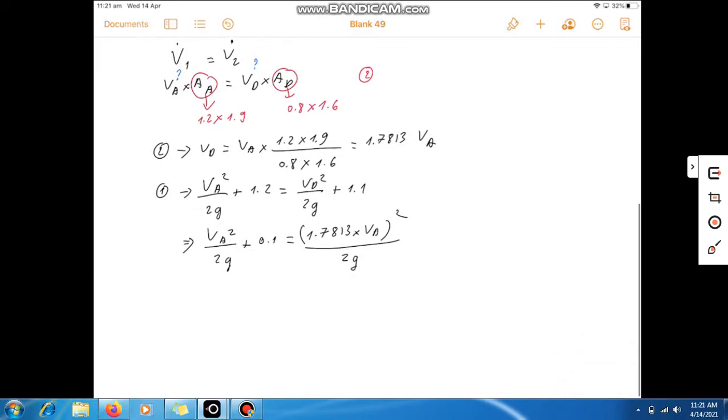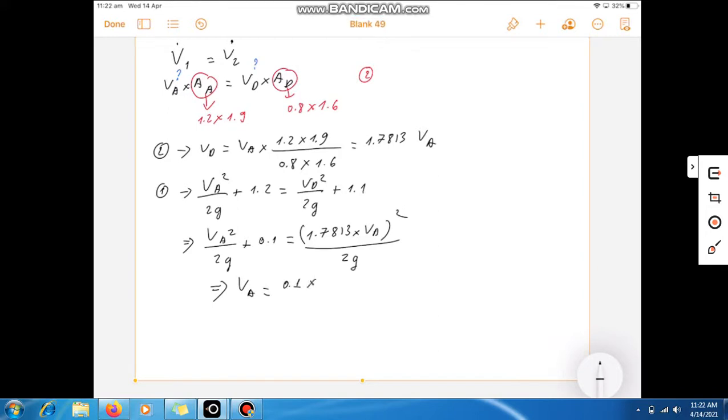So from this we will have VA equal to the square root of 0.1 times 2 times gravity, 9.81, divided by 1.7813 squared minus 1. So VA will be 0.9497 meters per second.